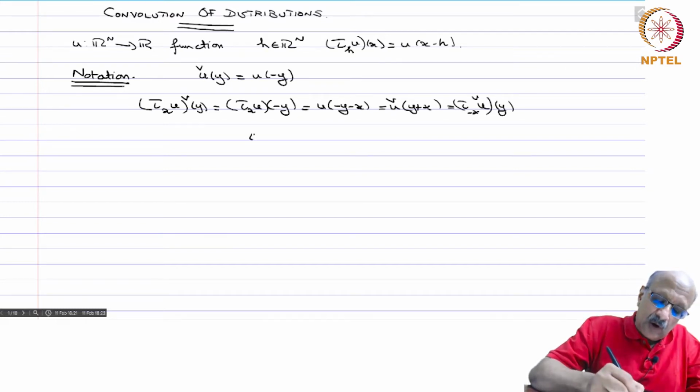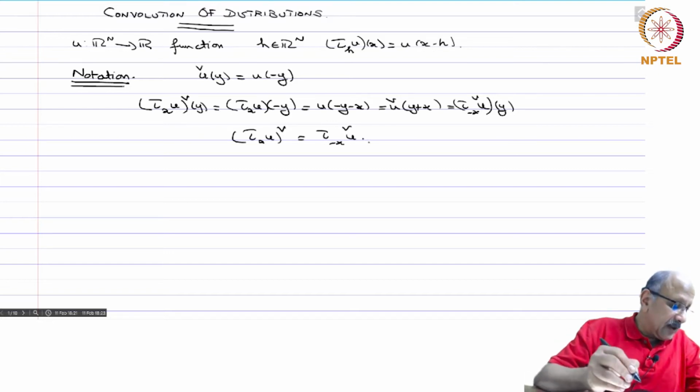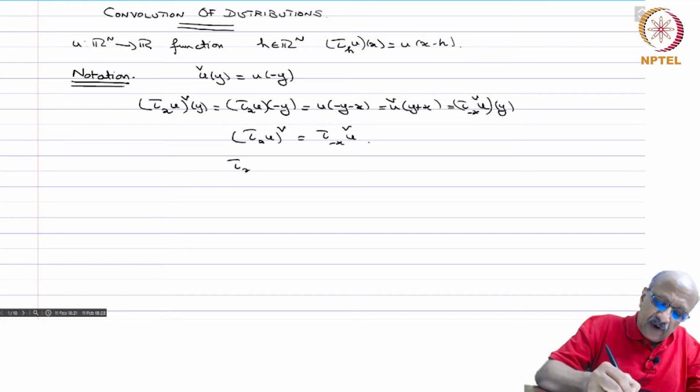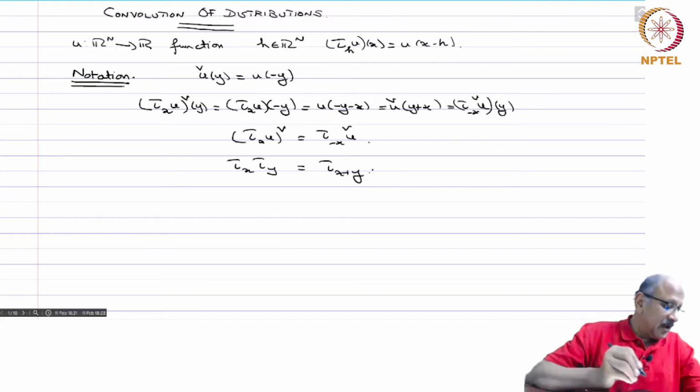So, you have tau x of u chesh is equal to tau minus x of u chesh. Okay. And the other one is very easy to verify. If you compose tau x, tau y, this is nothing but tau of x plus y. Okay. So, we have these notations.